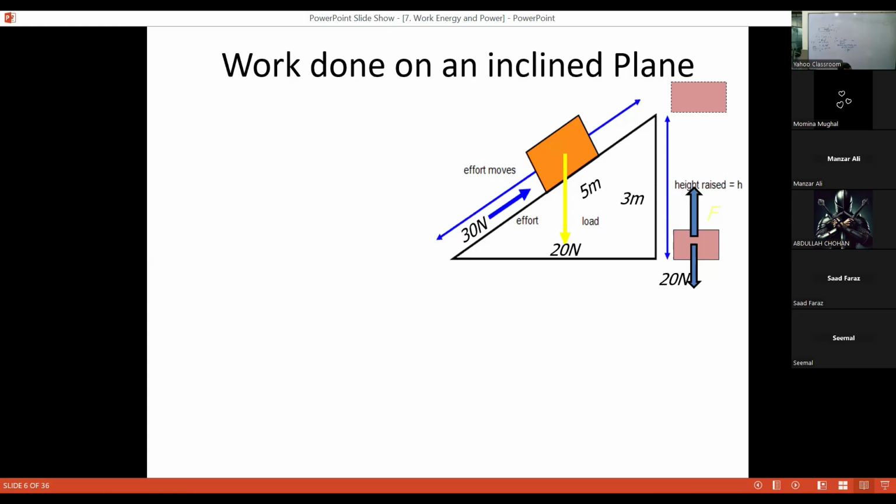We are applying a force of 30 newtons along the inclined plane. What is the work done by 30 newtons? Force is 30 and the distance moved in the direction of the force will be 5.